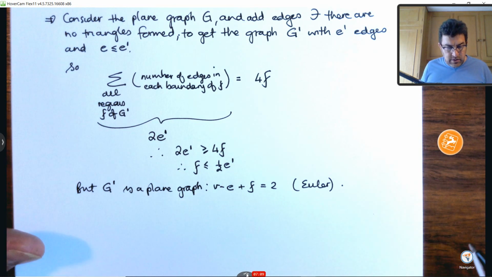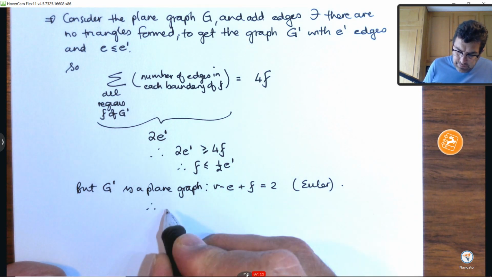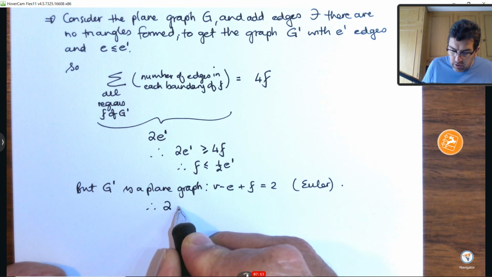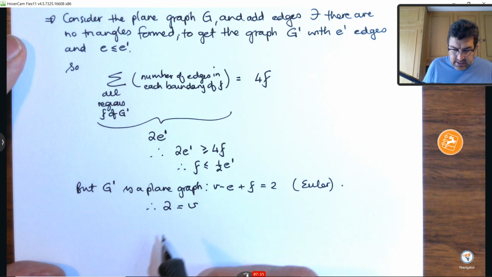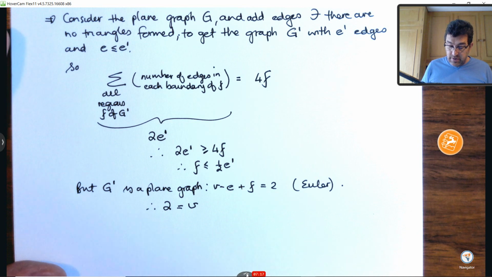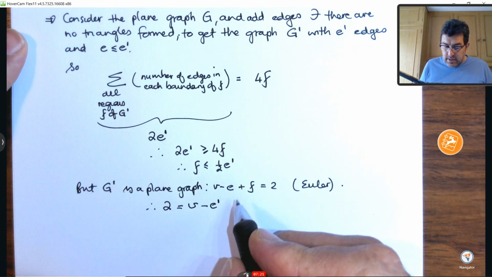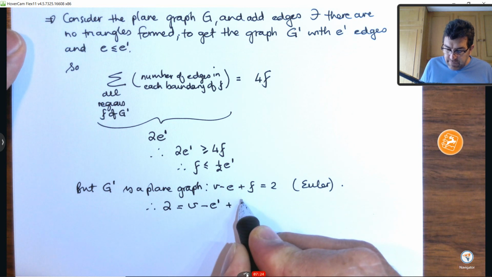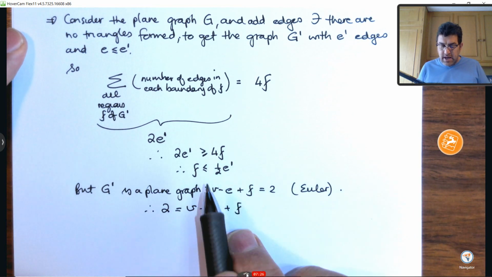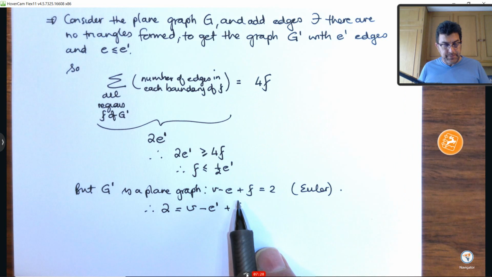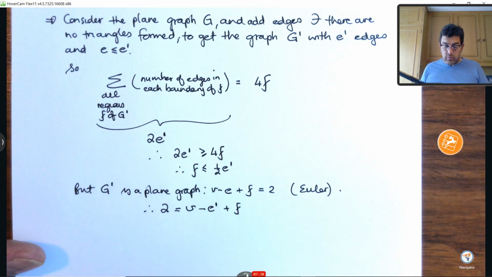Okay, so let's have a look. Therefore, 2 will equal the number of vertices, which did not change, minus the number of new edges, plus the F value that we have over here. So what does this tell us?